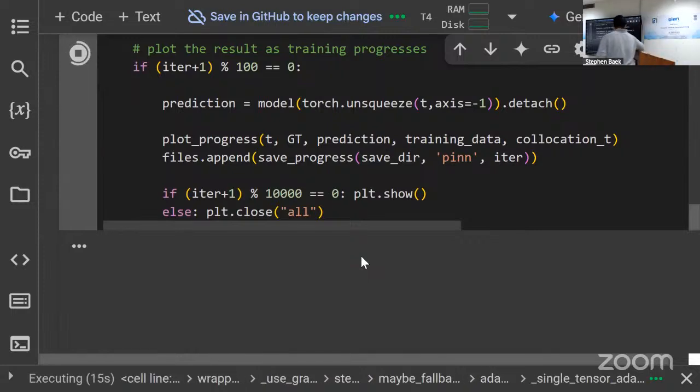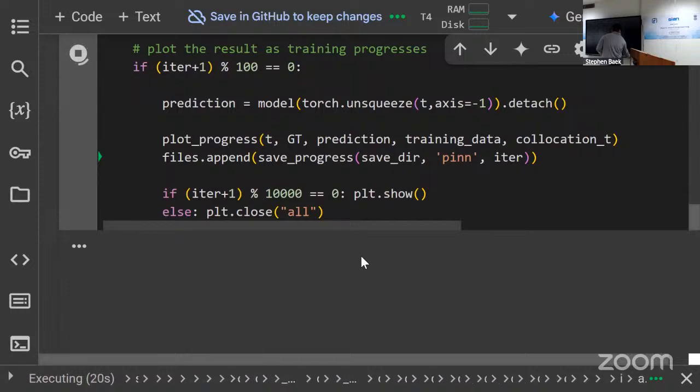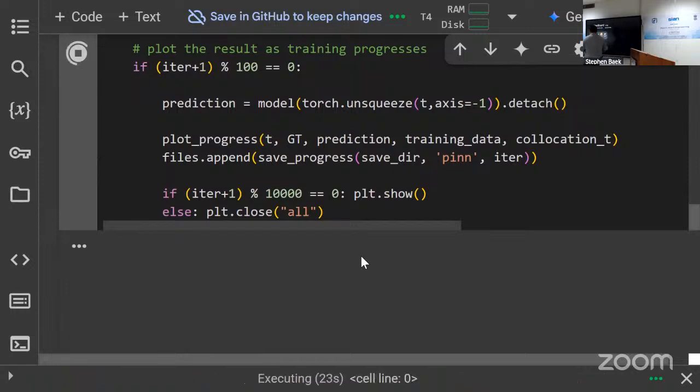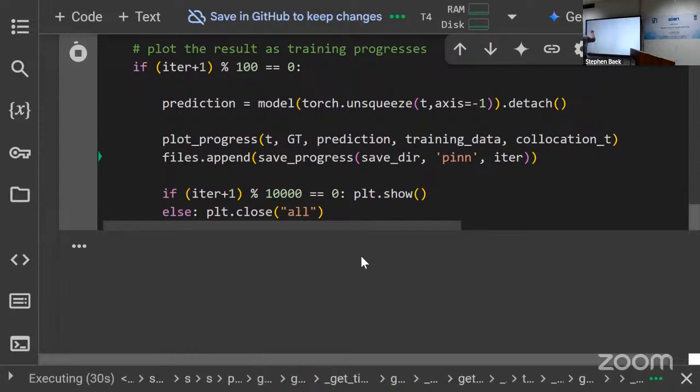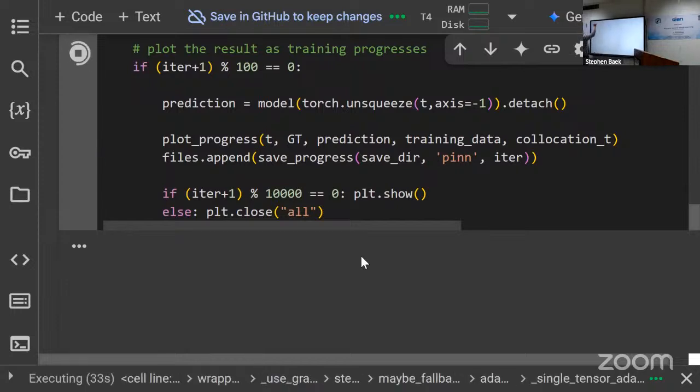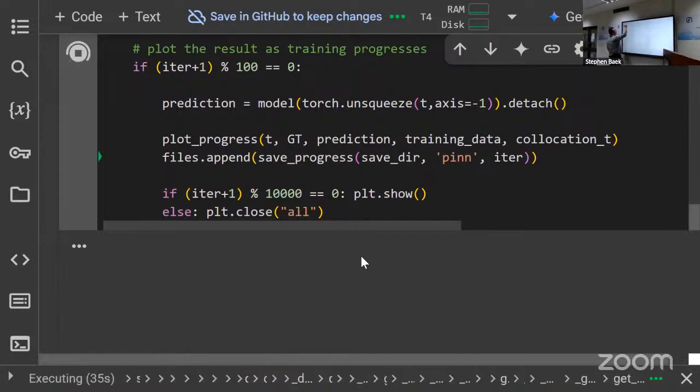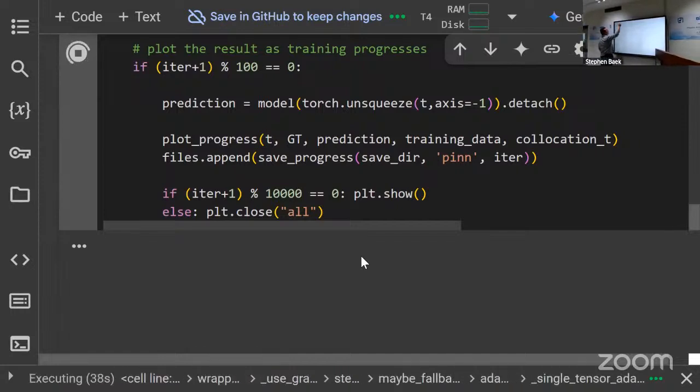So while this is training, I'm glad that you asked that question. A linear layer, or perceptron layer, is essentially Wx plus b, where W is a slope and b is a y-intercept.